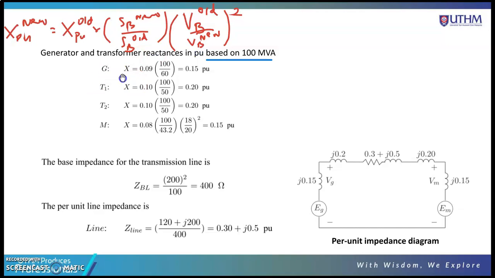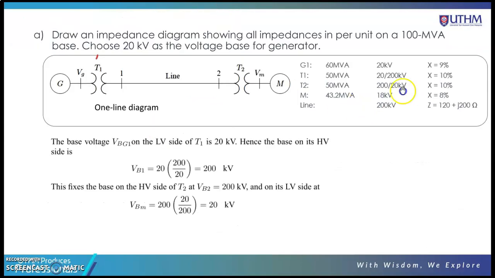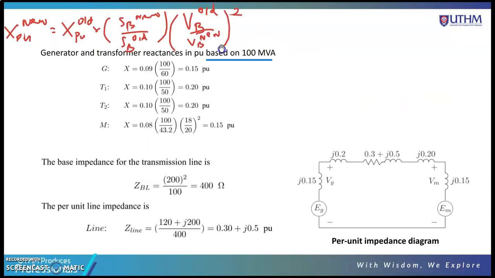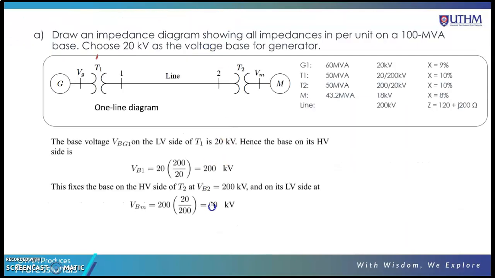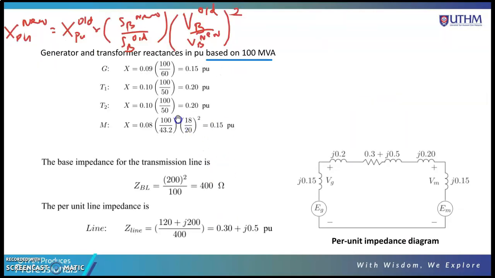So you can determine it for G, T1, T2, and then for the motor. For the motor, we have V base old equal to 18 kilovolt and V base new equal to 20 kilovolt. So you need to calculate.